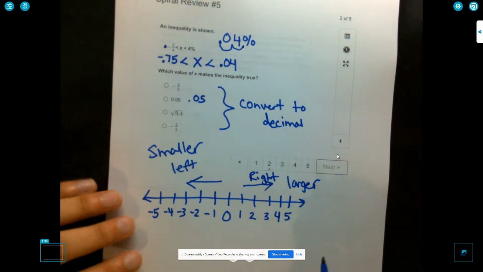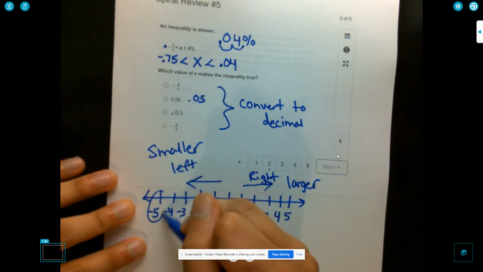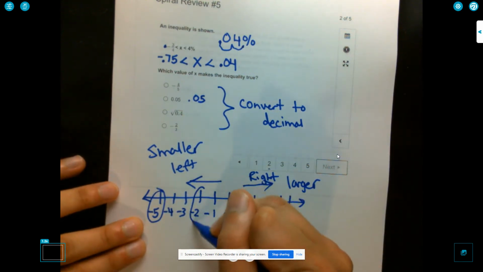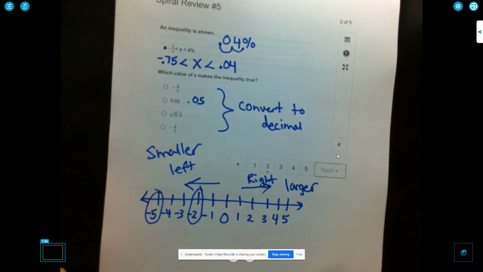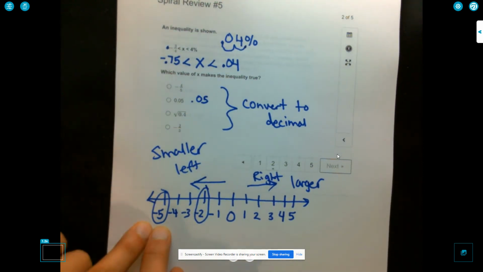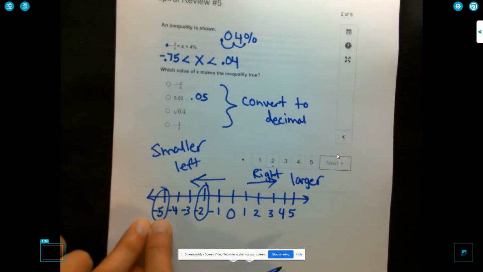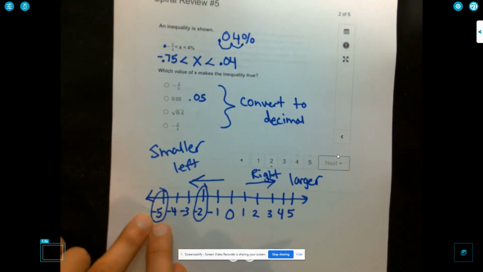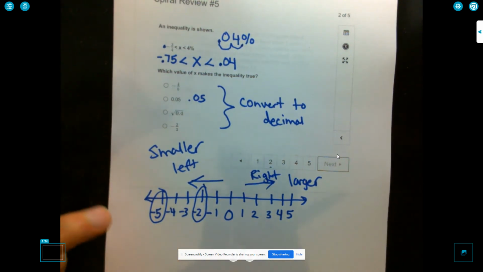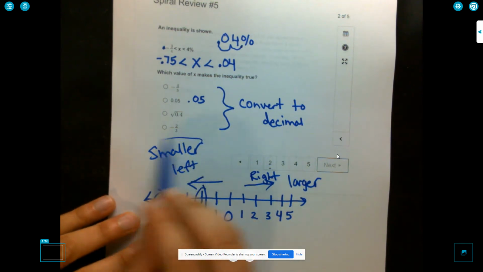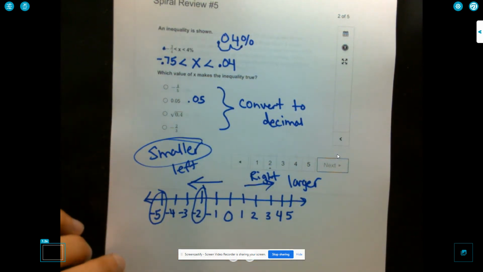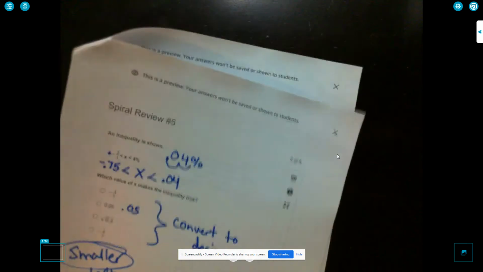So even though you may have a number such as -5 compared to -2, it may look like that 5 is a larger number than 2, and it is, but when they're negative, the larger the negative number is, the actually smaller it is. So make sure you pay careful attention to that concept.